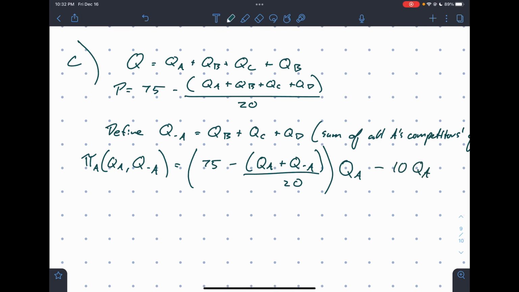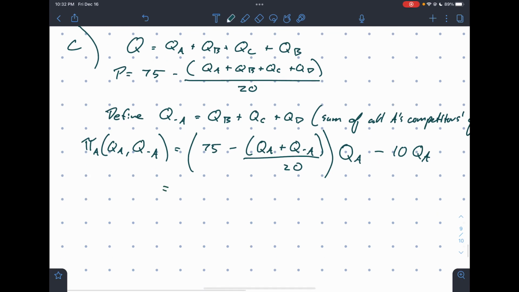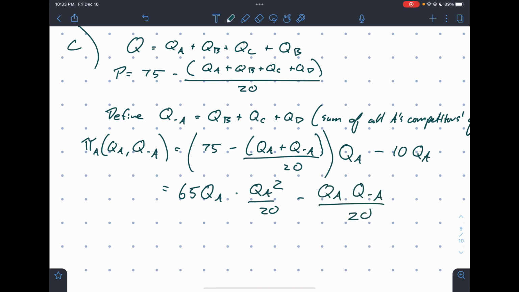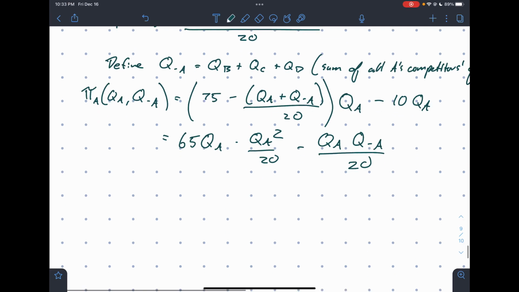All I did was redefine this term right here. I just called it Q negative A to keep things compact. So I'm just going to simplify this. I'll get, like I did before, 65QA minus QA squared over 20 minus QA Q negative A over 20. So again, using my new notation, this is just the sum of all competitors.